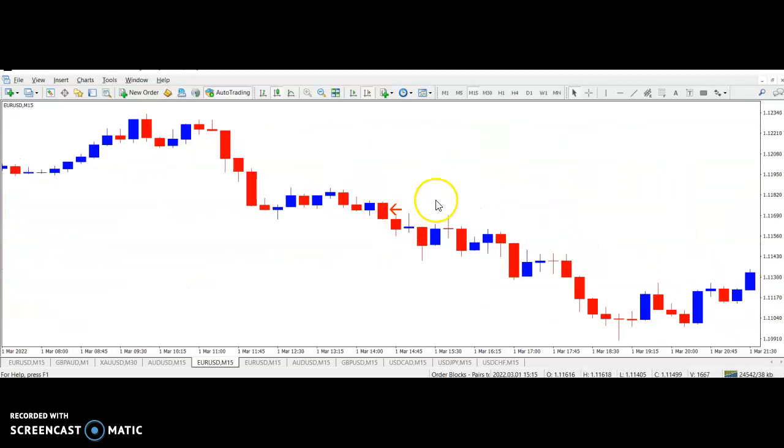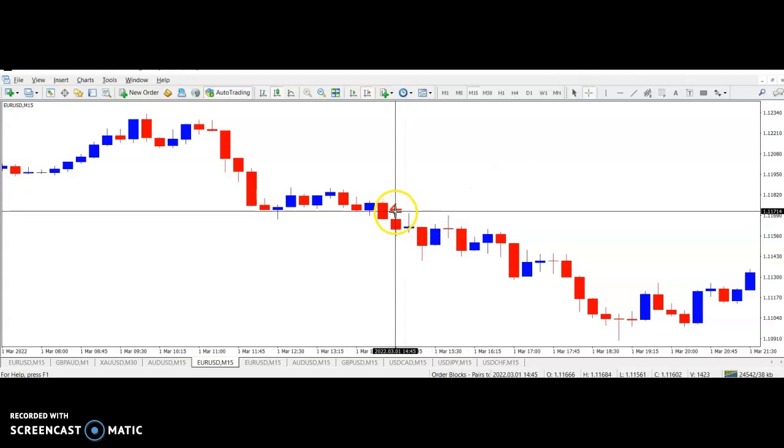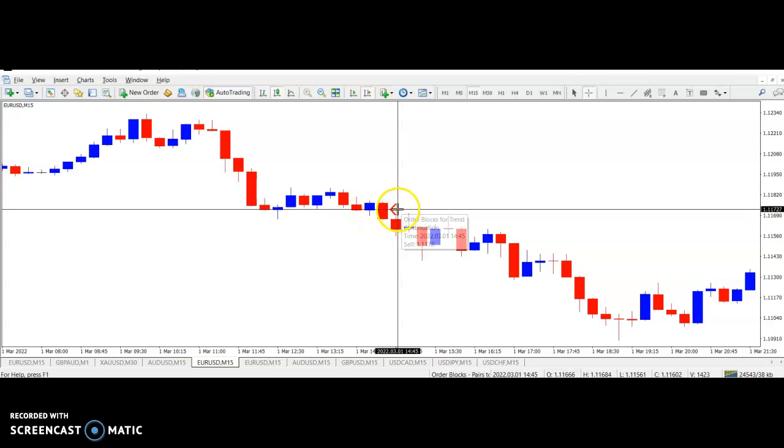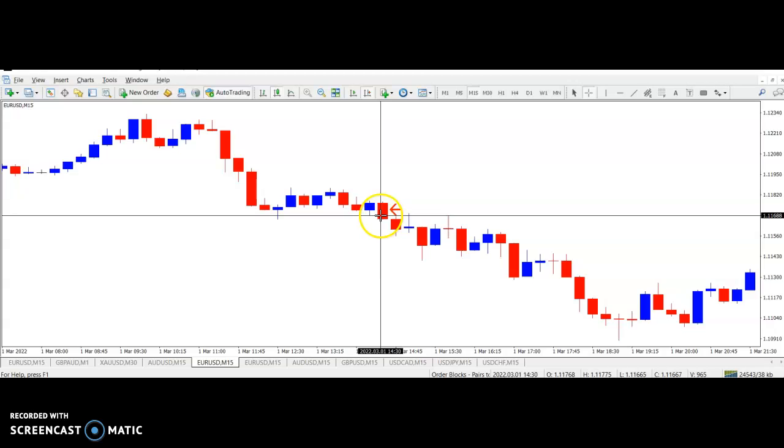Let's have a look. Here we go. Here's the second one. By the way, the signal arrow will point to the open of the order block candle. Again, I like to include the wick for the pending order, which in this case wouldn't have been here. The stop loss would be the highest point here, in the case of a sell, of these two candles plus an extra pip.